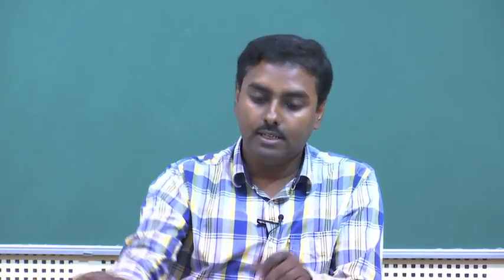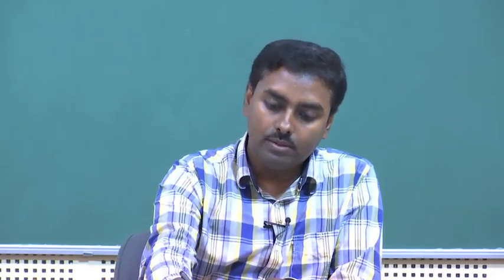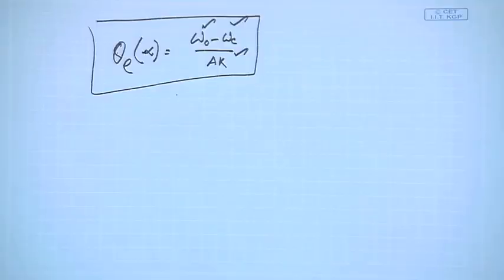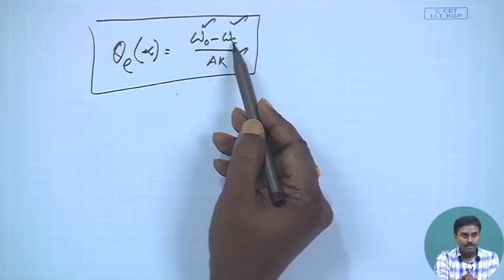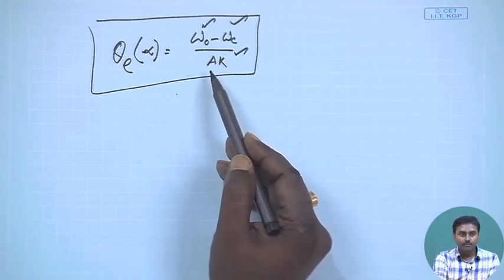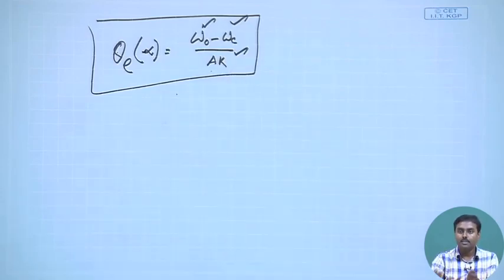It has tracked the frequency, whereas there will be only a constant phase error, which is related to these parameters: the input frequency, the free running frequency, A, which is the input amplitude, and K, which is typical to our phase lock loop, or this VCO. So, that should be the overall phase error. Fortunately, this is constant in time, so we will be getting a constant phase error.